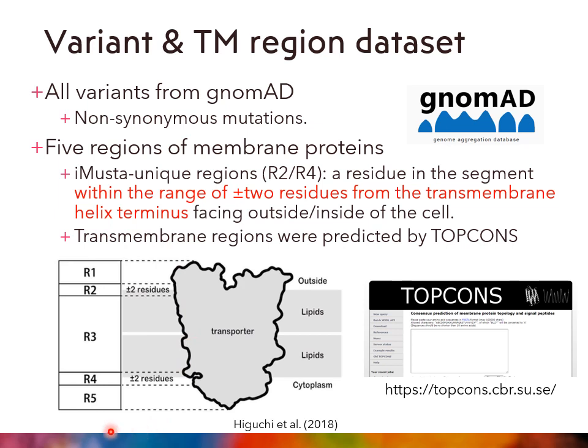So usually we use 3 regions to define the different location of transmembrane proteins, like extracellular, transmembrane, and intracellular. And here, we employ the definition of 5 regions taken from Higuchi et al. That includes 2 unique regions. These are the marginal regions between extracellular and transmembrane, or transmembrane and intracellular. And the transmembrane regions are predicted by TopConf server.